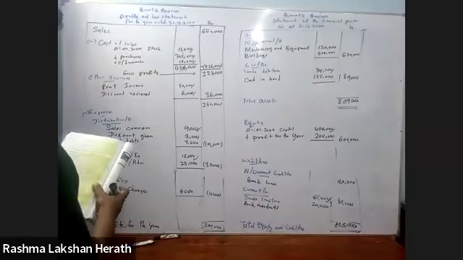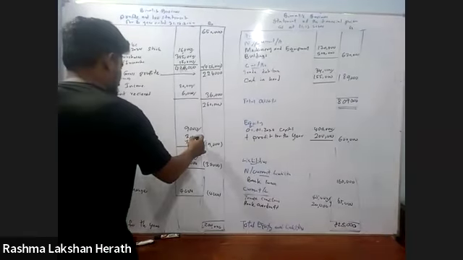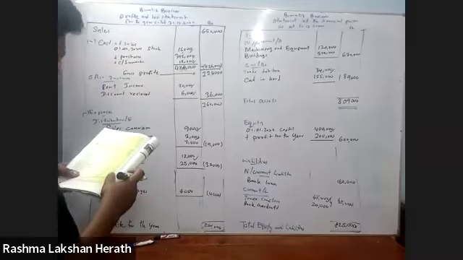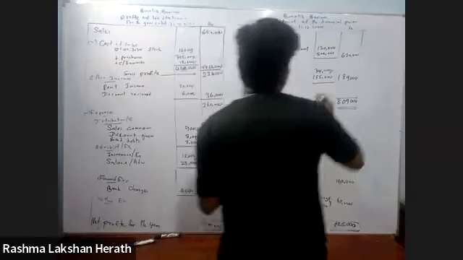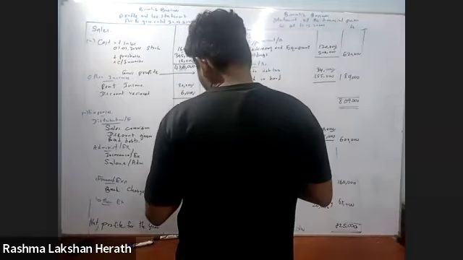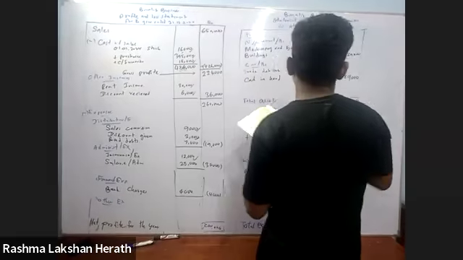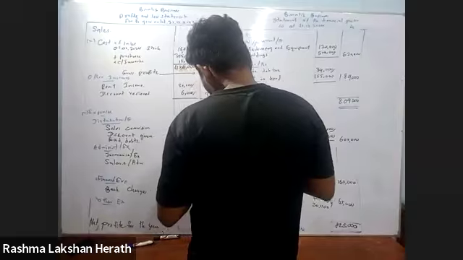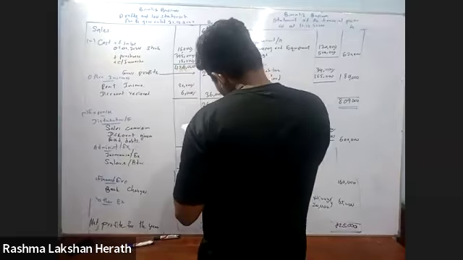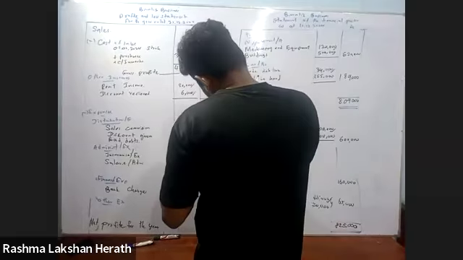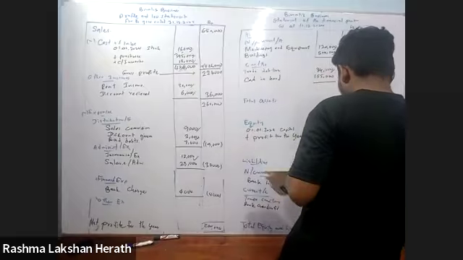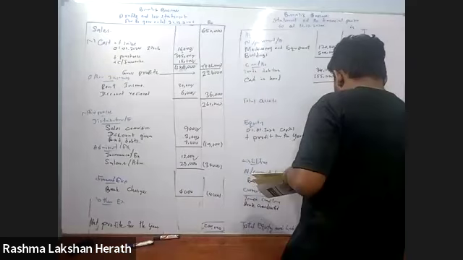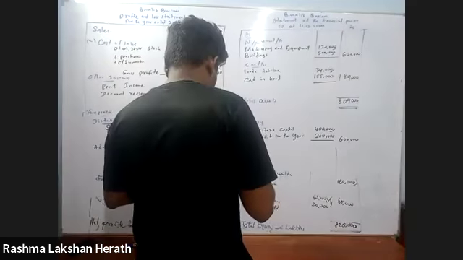Discount given 3,000. Machinery and equipment 120,000. And buildings 500,000. And bank loan to be settled after 4 years 160,000.